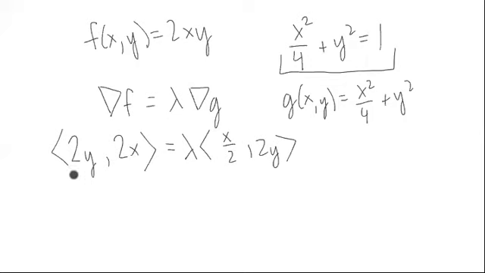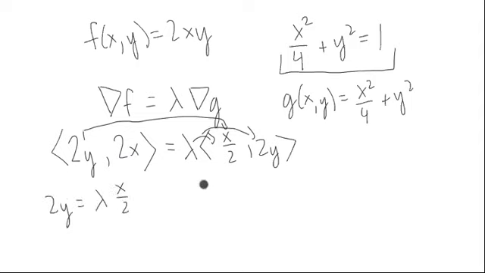Okay, then we can equate components. This lambda multiplies in, and you can equate the x components and the y components. So 2y is equal to lambda x over 2, and we also have 2x is equal to lambda 2y, just like that.